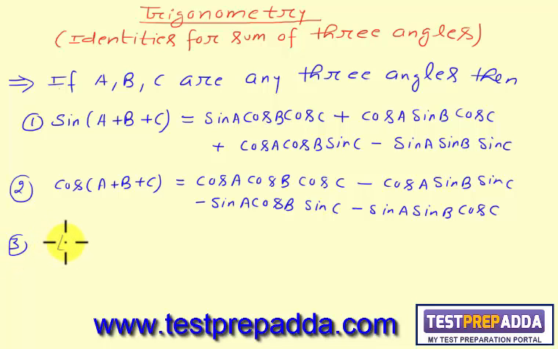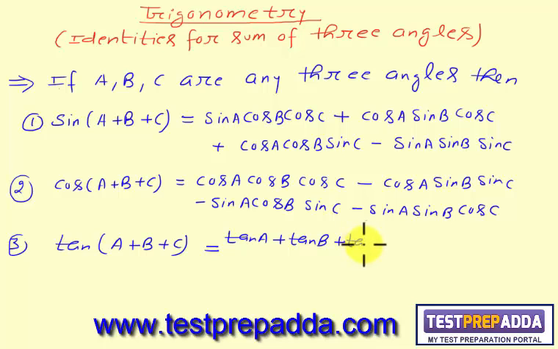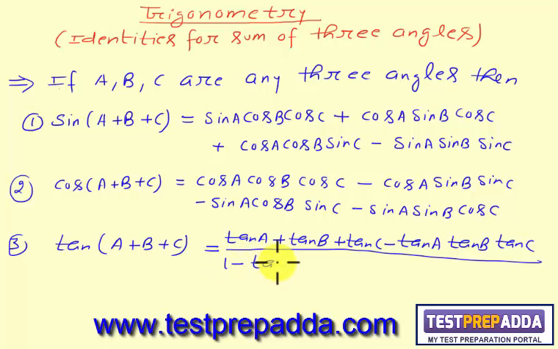Now the third one, tan(A + B + C), which we write here as tan A plus tan B plus tan C minus tan A tan B tan C upon 1 minus tan A tan B minus tan B tan C minus tan C tan A. So these are the identities for the sum of any three angles.